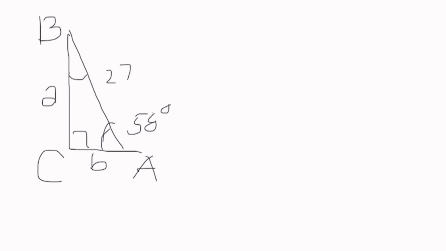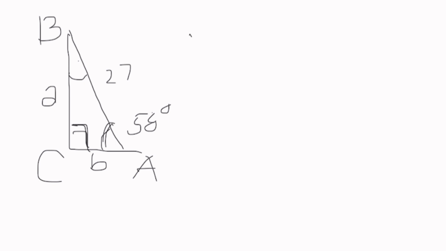Now to find the measure of angle B, since this is 58 here and this is 90 here, and the total is 180, angle B plus angle A is 90.